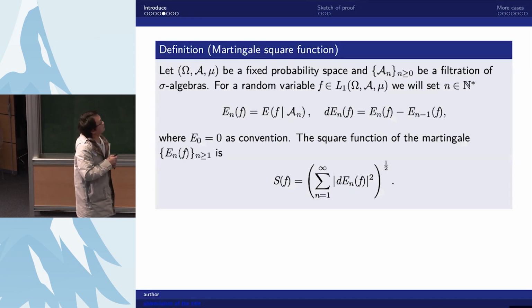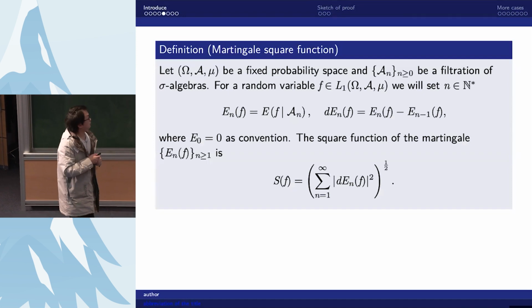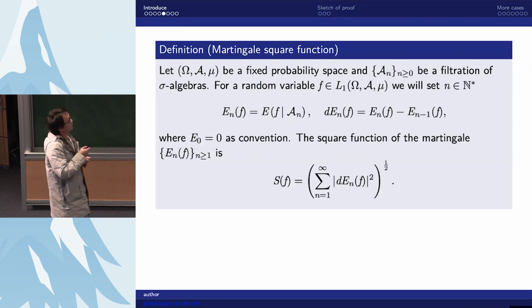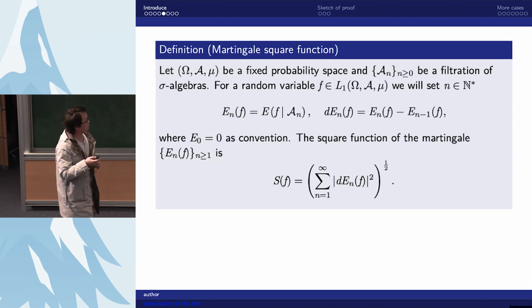We give the definition of the martingale square function. Let (Ω, μ) be a fixed probability space, and (E_n), n greater than or equal to 0, be a filtration of sigma subalgebras.